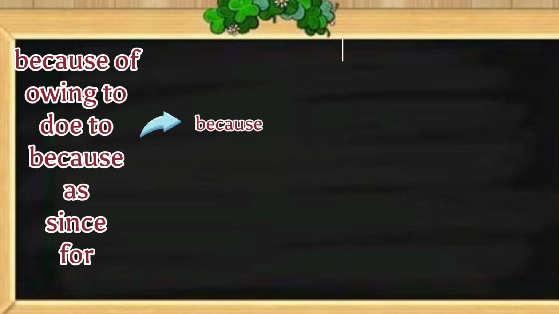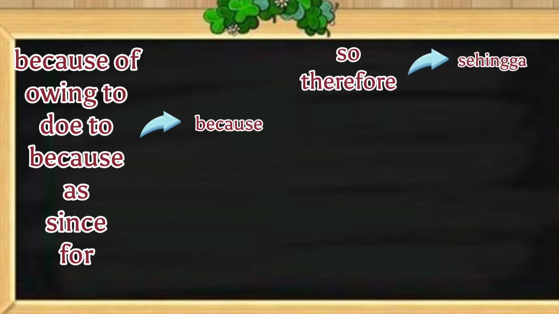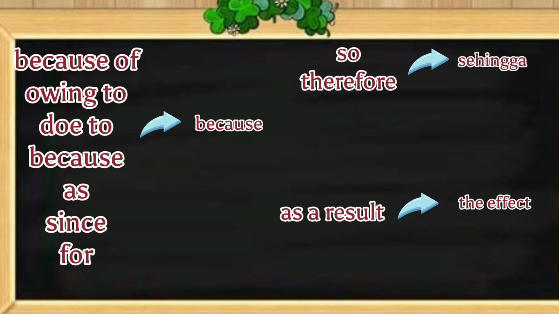Then there are the words so and therefore, which mean sehingga, you know. Then there is the phrase as a result, which means as the effect. Now, you already know that the word karena is not just because. Apparently, there are many other words of because form. Well, after learning this material, you can use other methods apart from because.